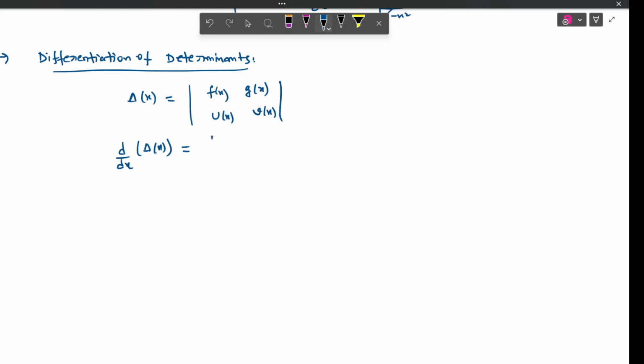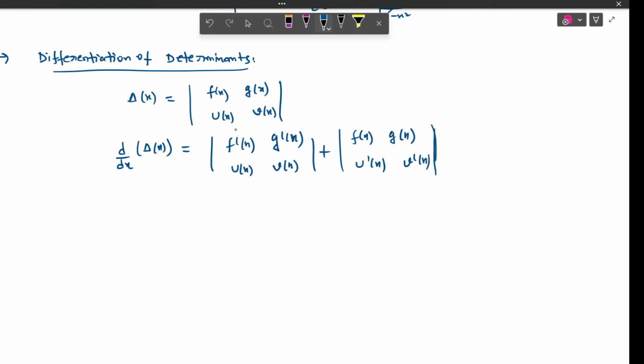If you do it row wise, then differentiate the first row first, keeping the second row as it is, plus keeping the first row as it is and differentiating the second row. Or you can do it column wise also. So the first column will be differentiated first, keeping the second column, plus keeping the first column as it is, differentiating the second column.